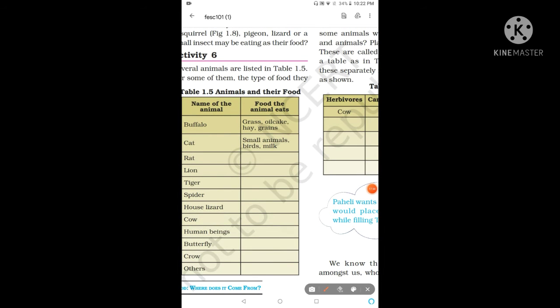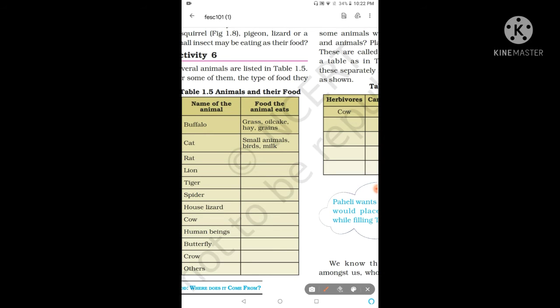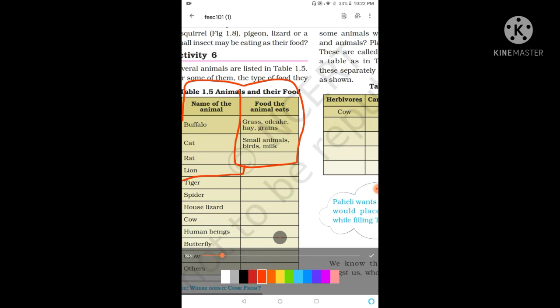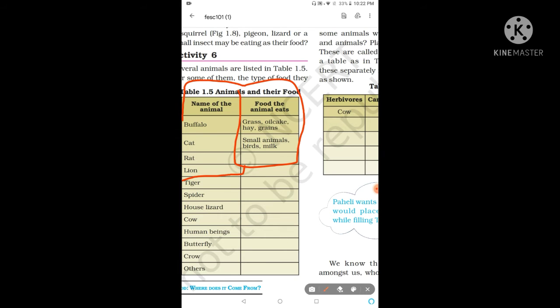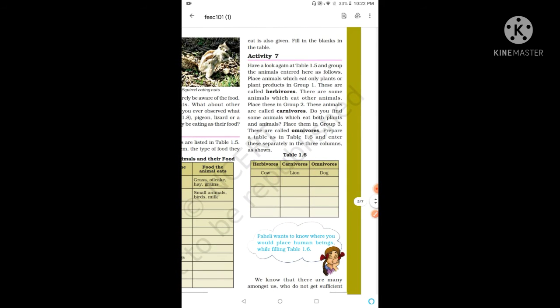All these things are written here. Can you see this part? And I hope you can see the names of the animals also. Buffalo, cat, rat. Then you have to fill all these things yourself, and I hope you will be able to fill them in at the end.